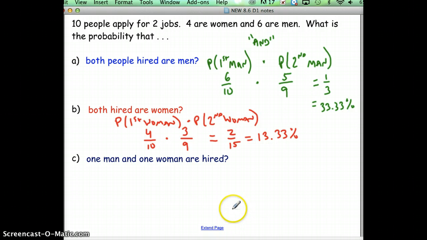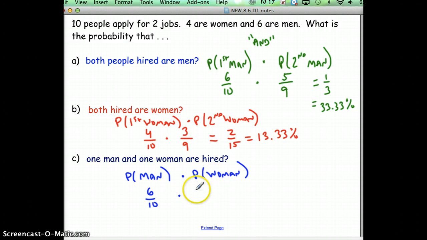Okay, now the next one is the probability that 1 man and 1 woman are hired. Now this gets a little bit more complicated because I don't know if the man is first or the woman is first. But we could find the probability of choosing a man, and we could find the probability of choosing a woman. So the probability of choosing a man, there's 6 men out of 10.